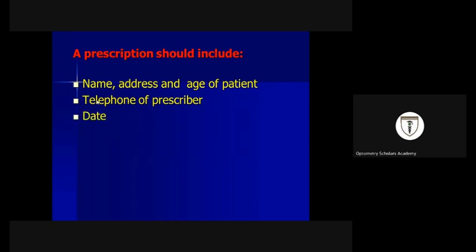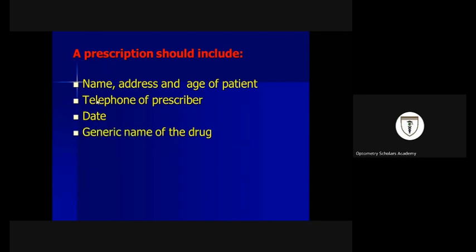The next is the date of when the drug was prescribed, so that you can keep a track record of the expiry of this dosage. So that this patient will remember when he or she started taking this drug, and when he or she is supposed to stop. But most of them might forget when they started taking it, and they will not know when it is 2 weeks. So from the date, you can calculate when it is 2 weeks. So the date is important.